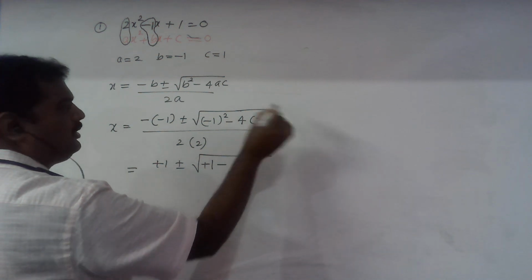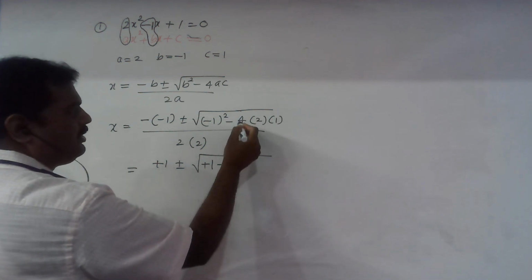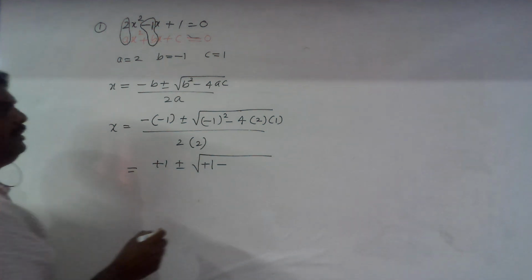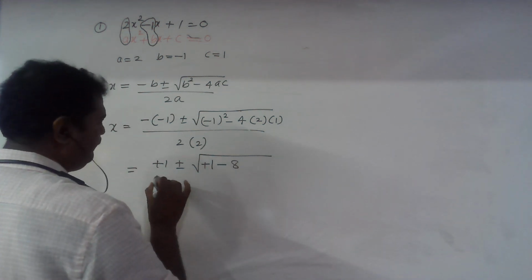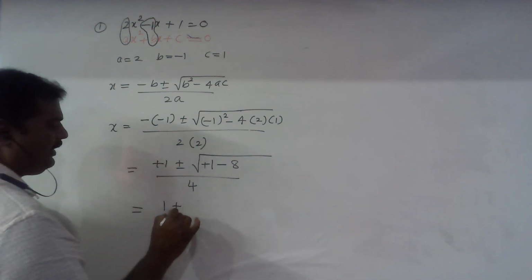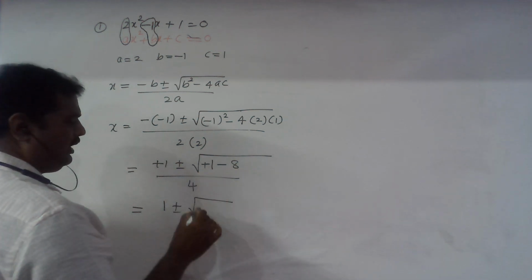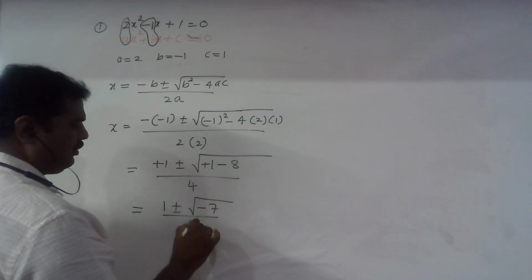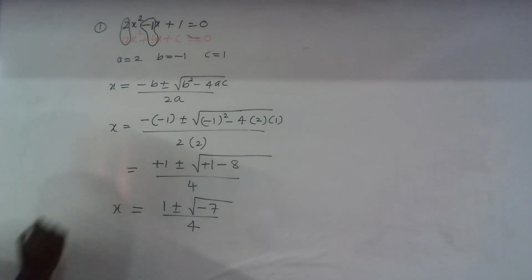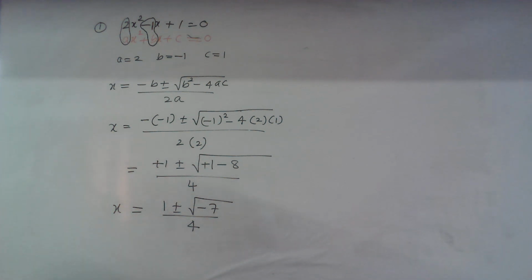Then multiply all the 3; this minus remains because there is no negative sign in the other 3. Therefore, 4 into 2 is 8, 8 into 1 is 8 again. And 2 into 2 is 4. Now we simplify what is inside the root: 1 minus 8 is minus 7, whole divided by 4. So now we got x equal to 1 plus or minus root of minus 7, divided by 4. Now I told you it has 2 roots, but I got only one.